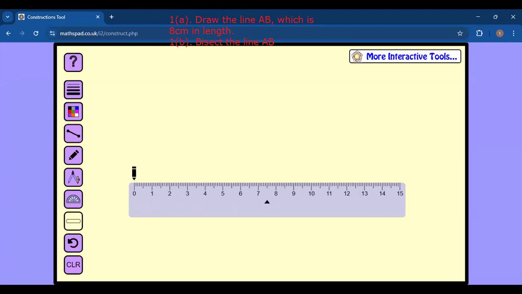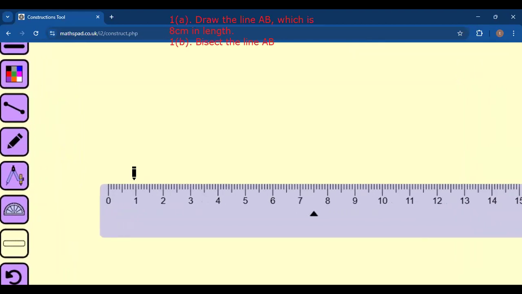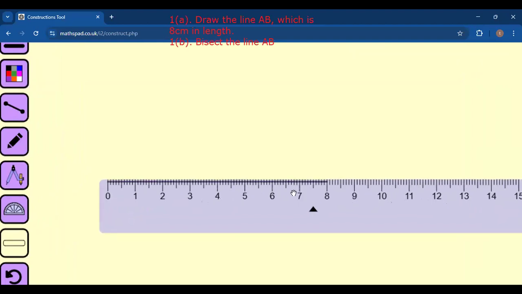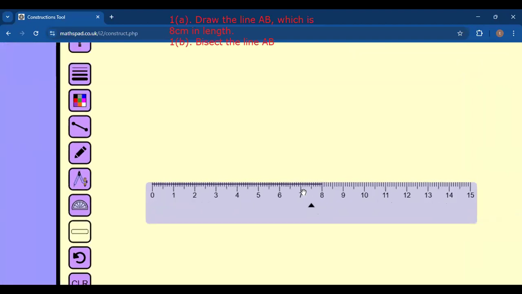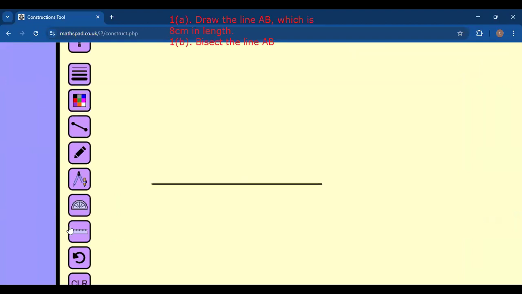Do not start from 1, please. We're gonna start from 0. We're gonna go all the way to 8. And this line is how many centimeters in length? 8 centimeters.